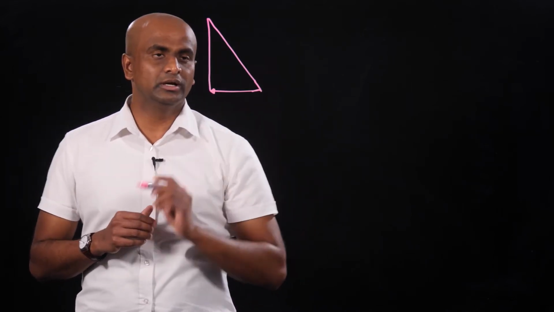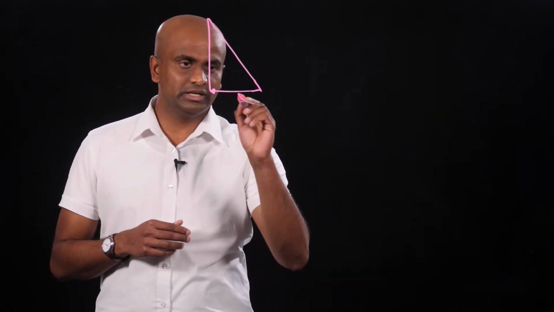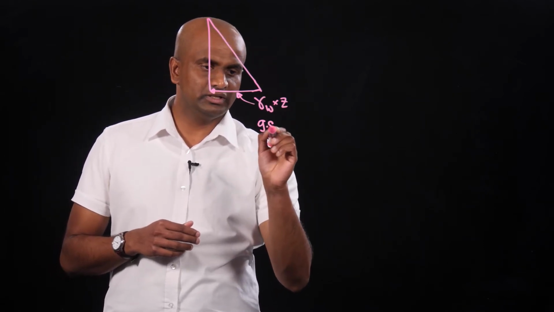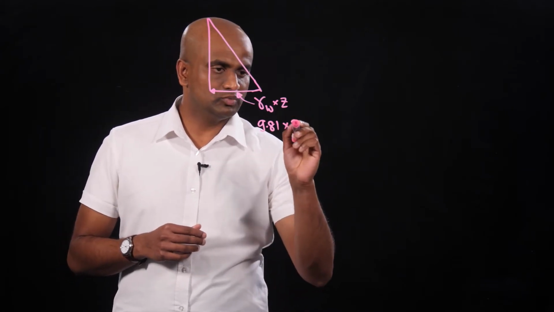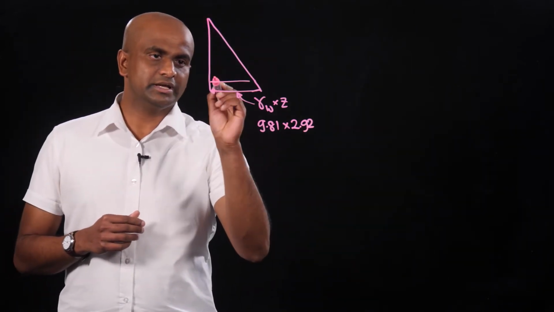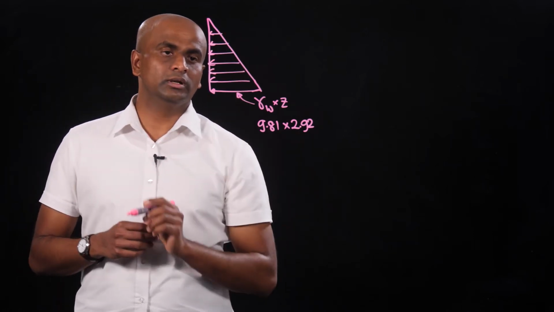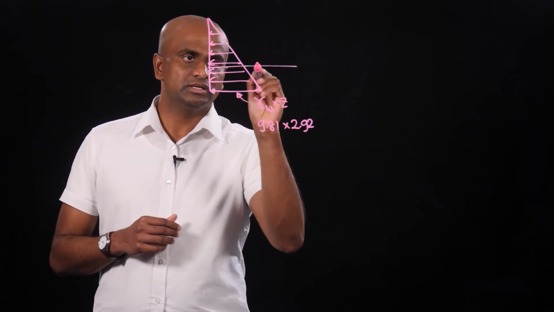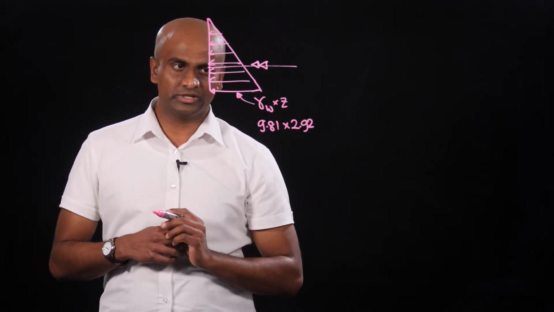And at the bottom of the tension crack, the pressure we can calculate using gamma W times Z. The pressure here is gamma W times Z. So gamma W is 9.81 times the height of the tension crack, 2.92, and there will be pressures at all depths. Therefore the total force, the resultant force, can be calculated by calculating the area of this pressure diagram.